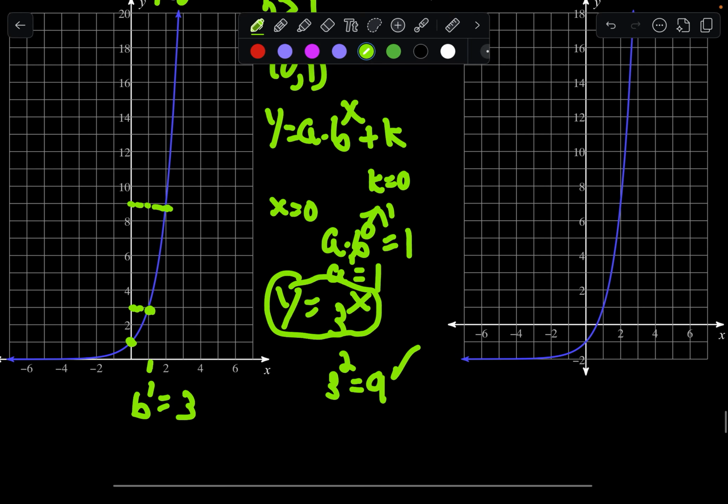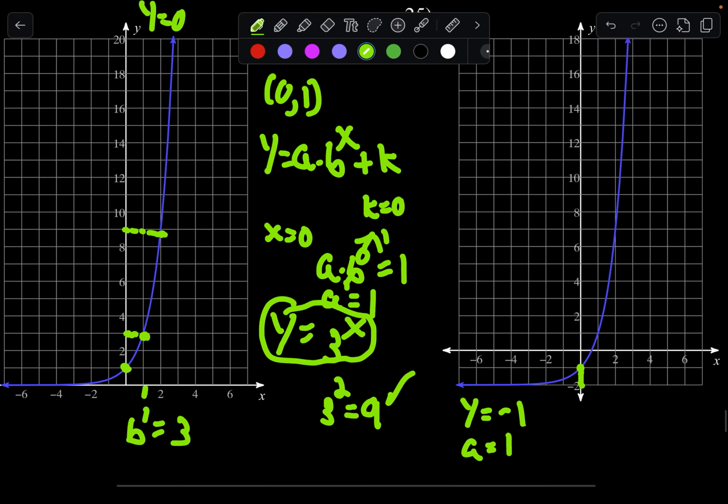Now the next one's just like the first one, except now the whole graph is shifted down. The horizontal asymptote is y equals -2. Okay, notice at x equals 0, the graph goes up 1. That means that a equals 1 in the y equals a times b to the x.